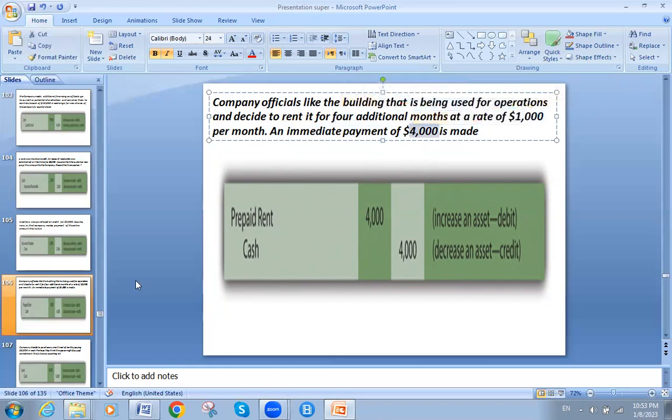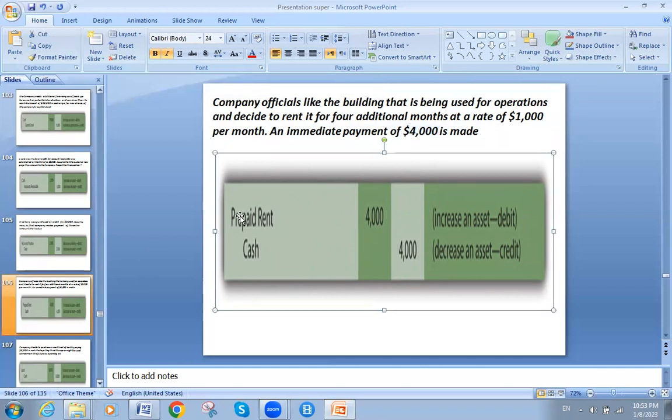I told you before, any type of expenditure should be mentioned with its name. So this is a prepaid rent, and the entry would be from prepaid rent into cash.